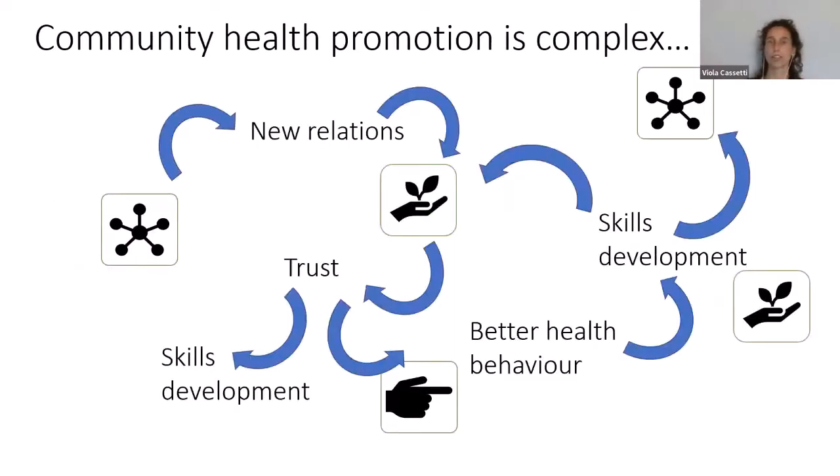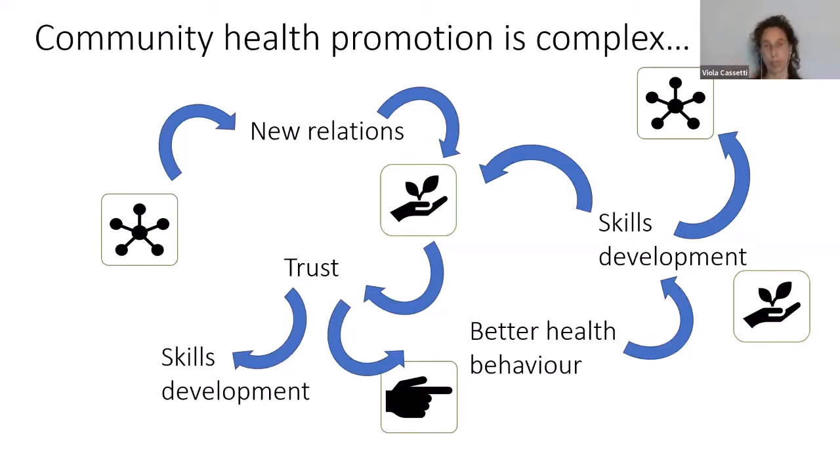So you may want to think more something like this. Taking from the example before, we got connected, and then we developed a new relationship. Then we started enabling assets to thrive. But at the same time, we were developing trust among the people working together. We were also developing skills for young people.